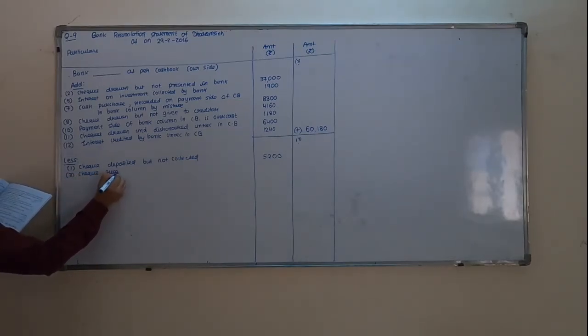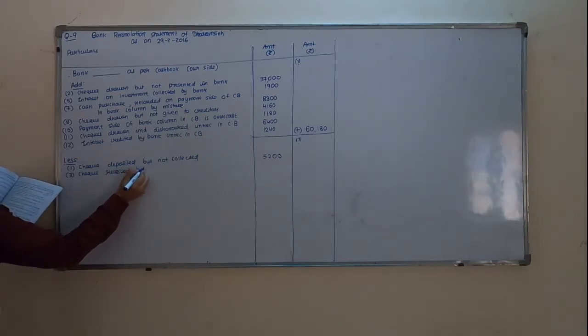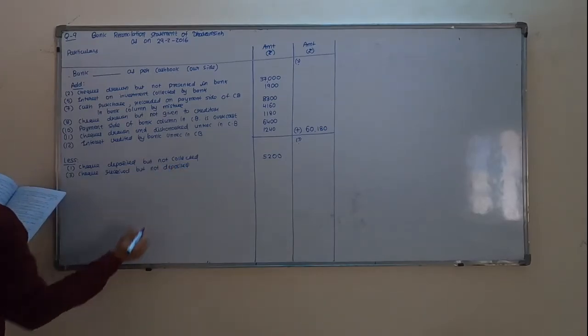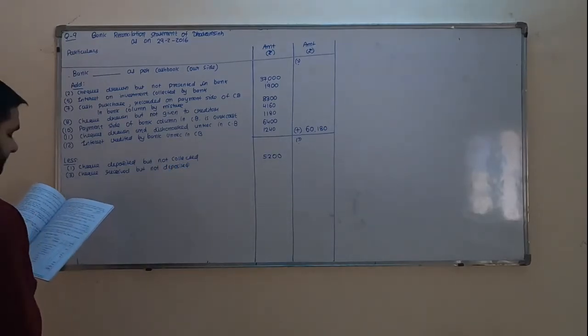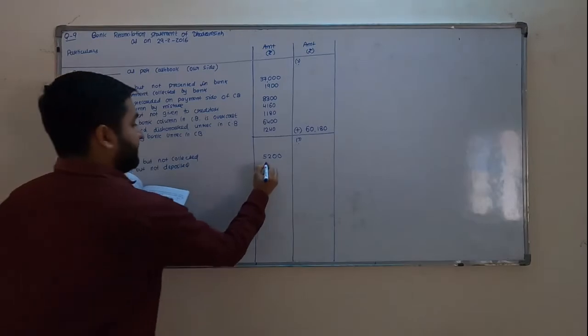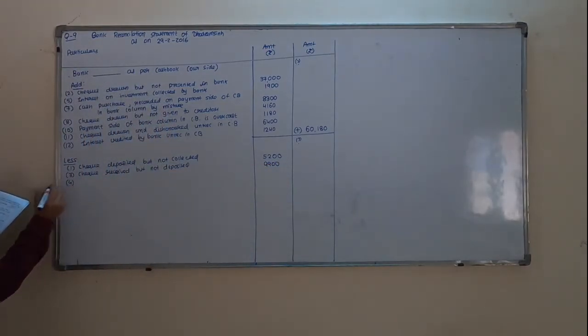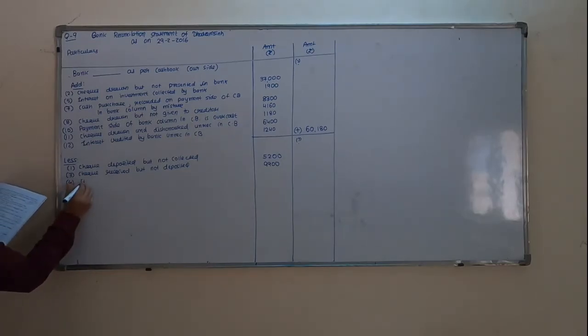Check received but not deposited, 9,900. Next transaction to subtract is number 4.